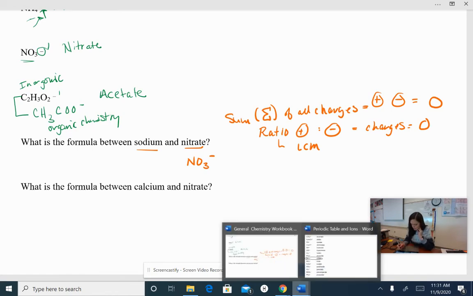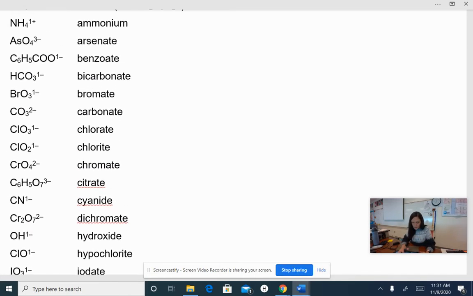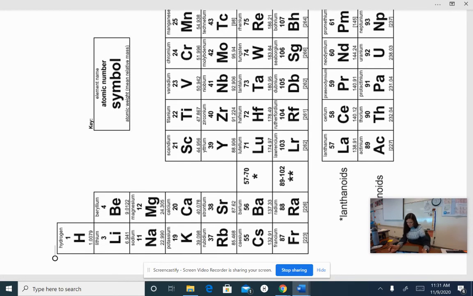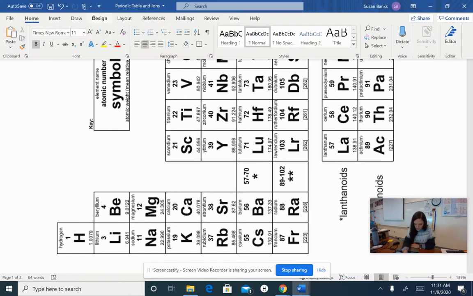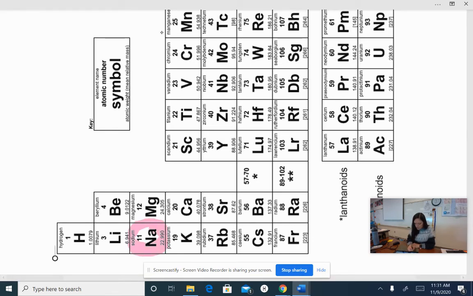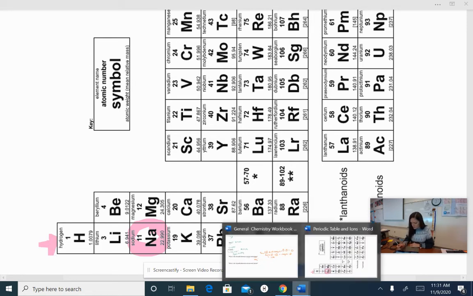Let's look up sodium really quick. So if I look up sodium, this is kind of on the side, so you're going to have to tilt it. Sodium, let's get a highlighter pen out here. Sodium is right here. It's in our first column, and that first column has a charge of +1. So sodium is going to be a +1.